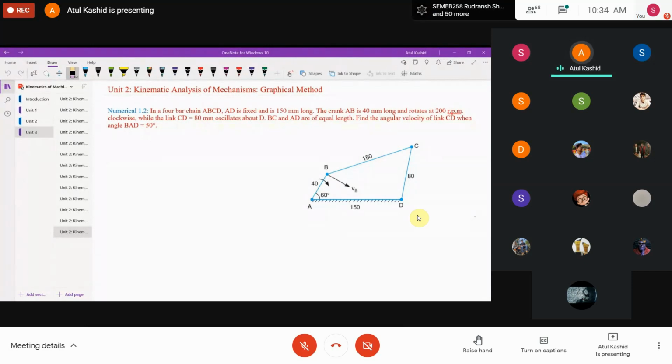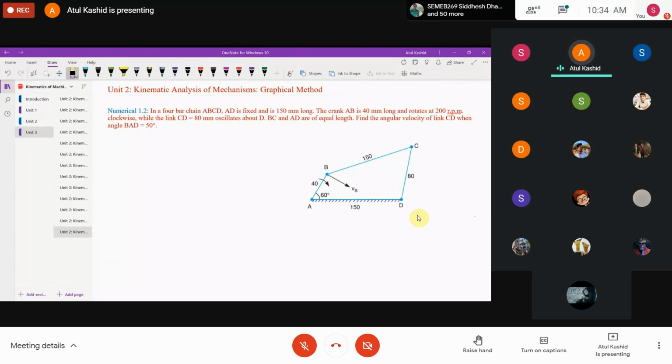So now we will see this example. As the screen is visible to everybody, I will read out the first numerical. In a 4-bar chain ABCD, AD is fixed and is 150 mm long. So the length of the link AD is given. Then the crank AB is 40 mm long and rotates at 200 RPM in the clockwise direction.